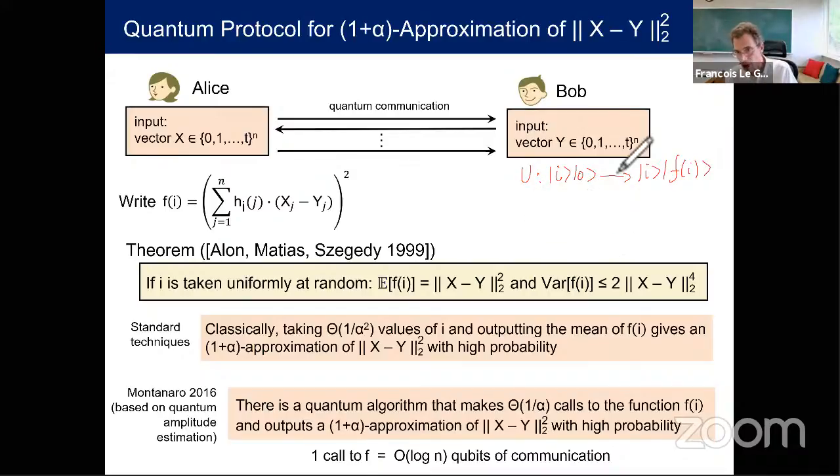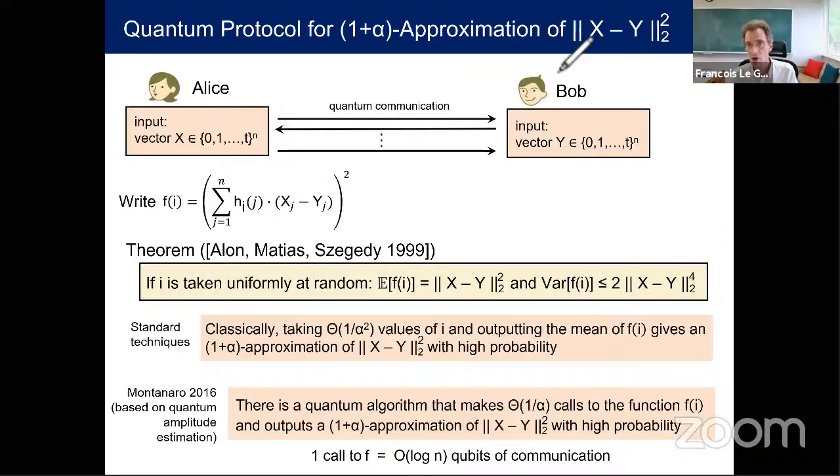If you are able to do this, then you can apply this method, and the cost will be 1 over alpha calls to this operation. I'm claiming that this operation can be implemented with log n bits of communication between Alice and Bob, because Alice has x and Bob has y, and you have linearity here, x_j minus y_j. You have to think a little bit to understand that, but it's not very difficult.